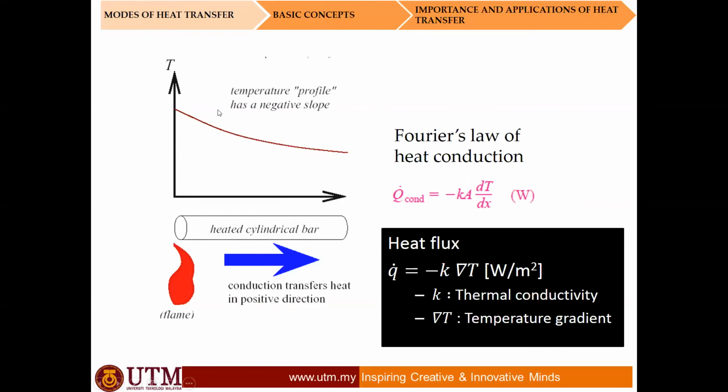Okay, so if you calculate dT over dx over here, you will be getting a negative dT over dx. So negative multiplied by negative, you have positive. So your Q heat conduction is going to be towards the right hand side. So that's why we have a negative over here, to basically determine its direction.